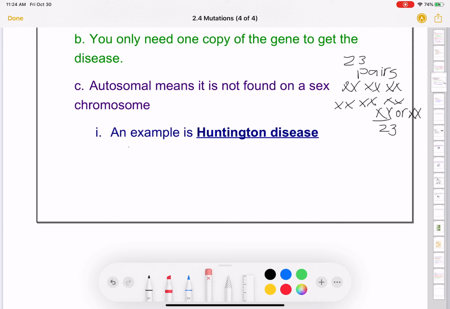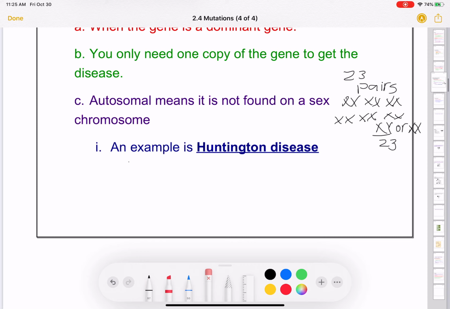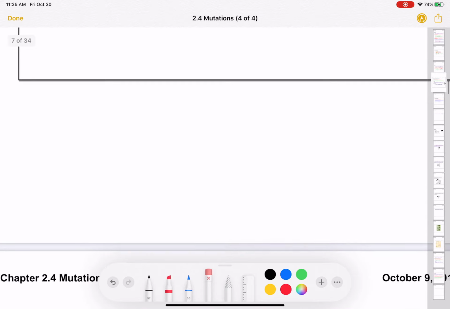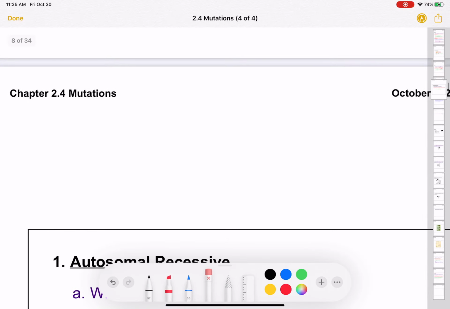If it's not showing up until you're in your 30s or 40s, you've already passed on the gene before you realize that you have that disorder. So that's something that's pretty bad about an autosomal dominant, just because of that onset. And I think that's why it would still exist in the population, most likely because of people not knowing they have the disease and still having children.